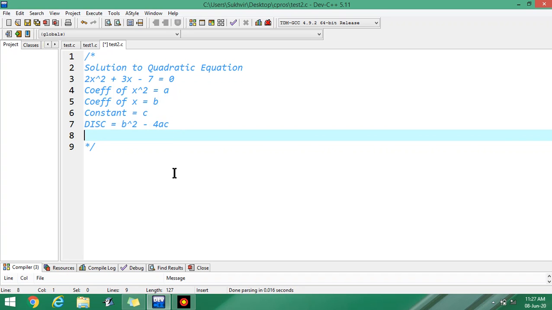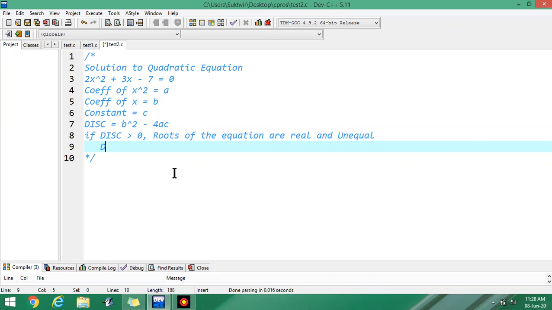After calculating the discriminant, you have to check: if the discriminant is greater than 0, then the roots of the equation are real and unequal.